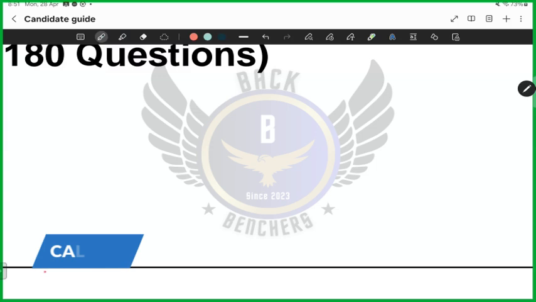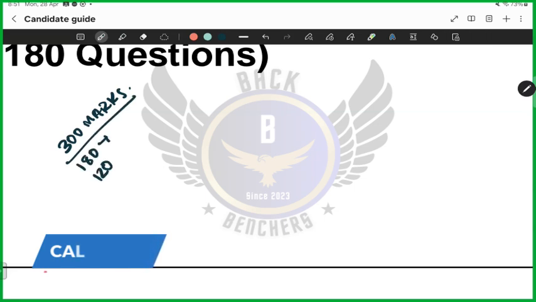Now, this exam is a 300 marks exam, which is divided into 180 and 120. 180 is our basics. Now, in our medical college, everywhere, we have heard that we don't have basics. In Bengali, it's like saying 'you don't even have the basics.'